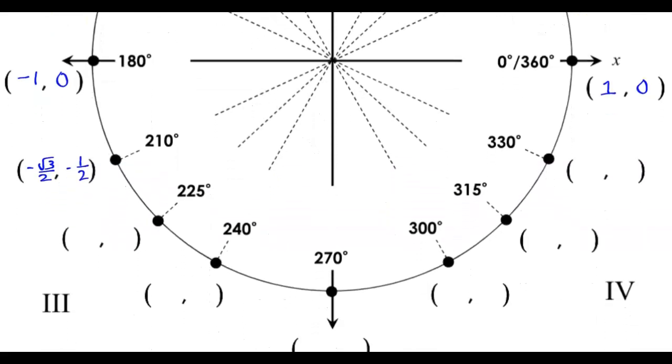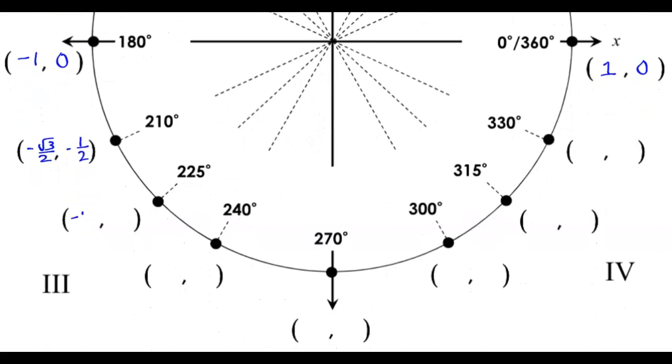Okay. 225 is your reference angle for 45 degrees. So this is going to be the negative square root of 2 over 2 and negative square root of 2 over 2. 240 is going to be the same as a 60-degree reference angle. So we're going to have the coordinates negative 1/2 and negative square root of 3 over 2.